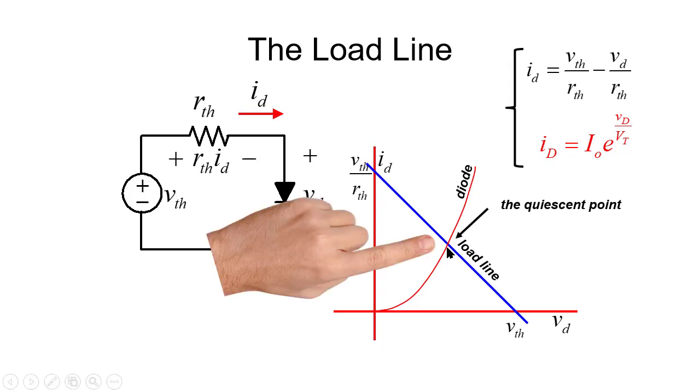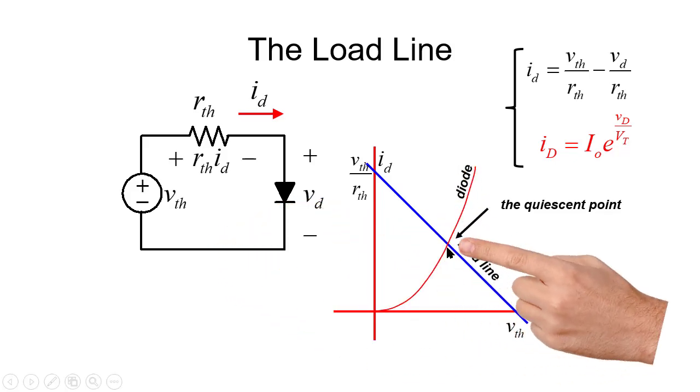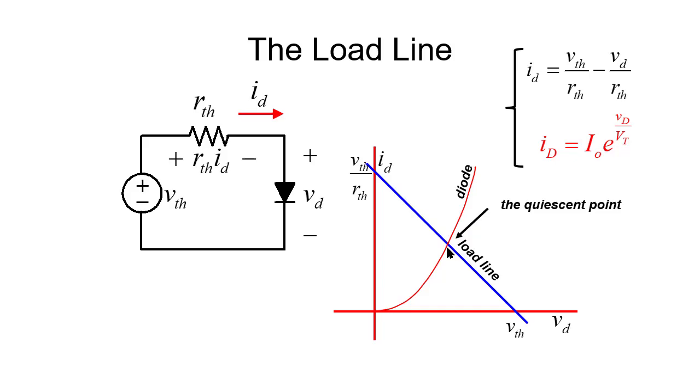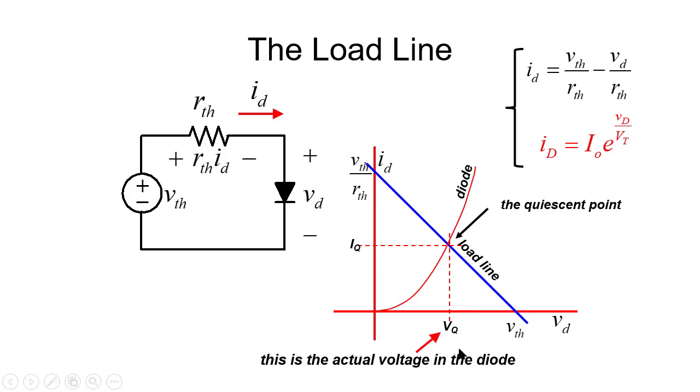That intersection is what we call the resting point of the circuit, the quiescent point, the Q point. At that point, we can read the actual voltage of the diode and the actual current in the diode. We call those IDQ and VDQ.